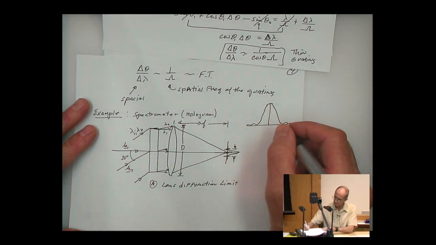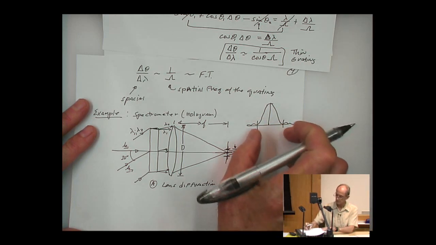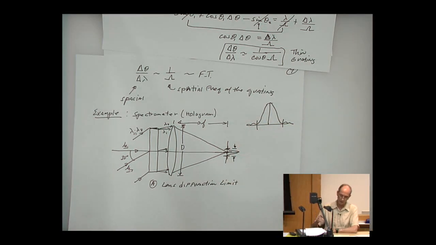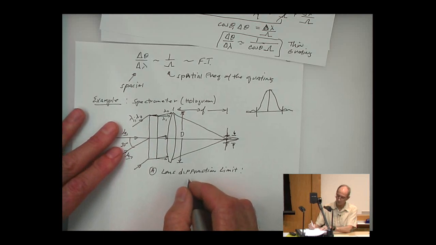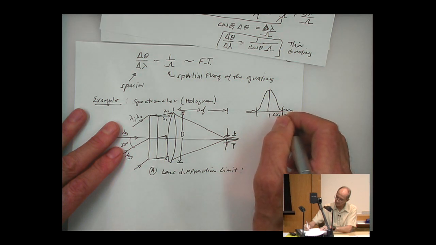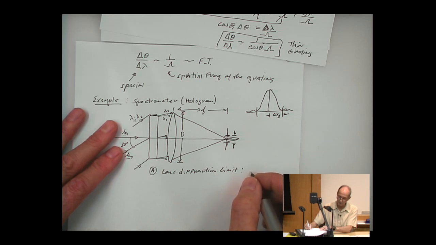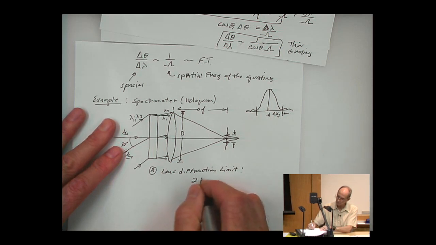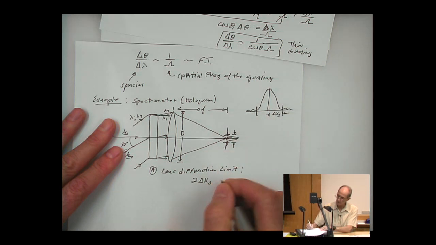We'll derive that later, and that's the resolution that we'll say. There are other criteria, but we'll use that one. So for our lens diffraction limit, if we call half of that delta x_d, to the first null on one side, the limit that we have is actually 2 delta x_d, because we have a spot which covers that full range.